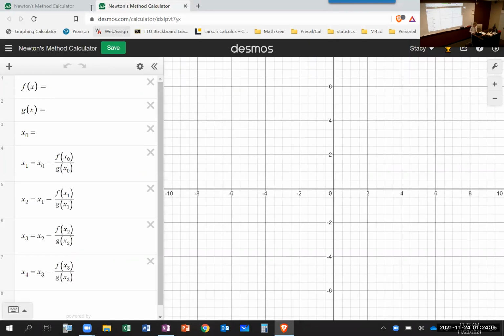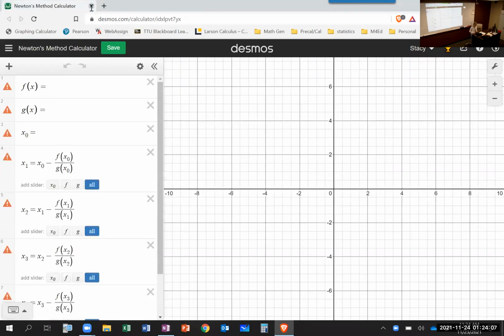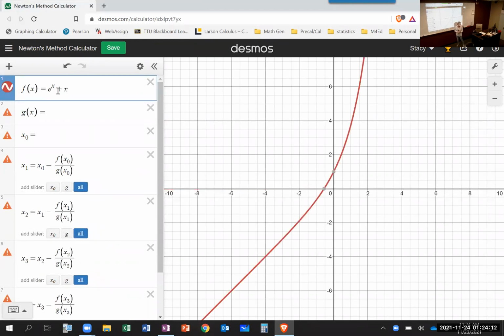So e to the x plus x. It looks something like that, right? Sort of a line or a curve, I should say.